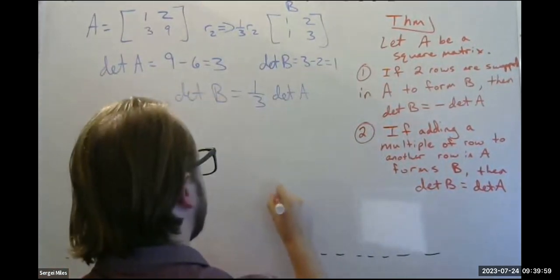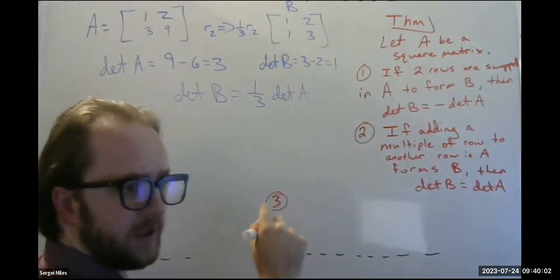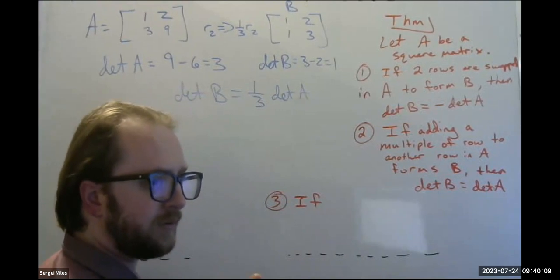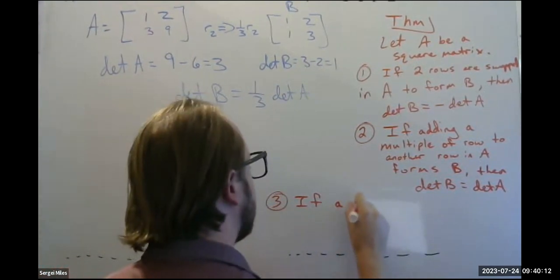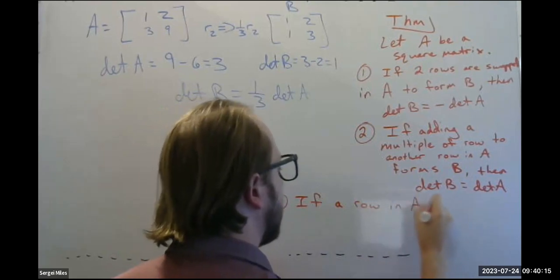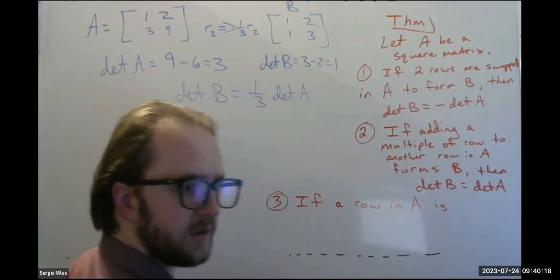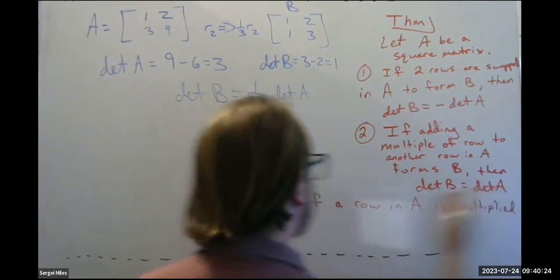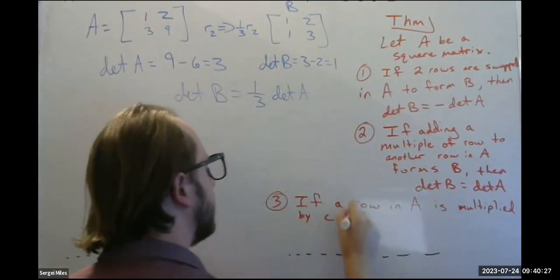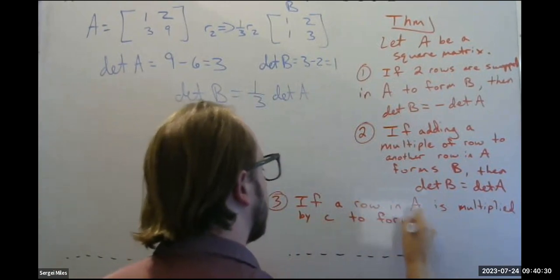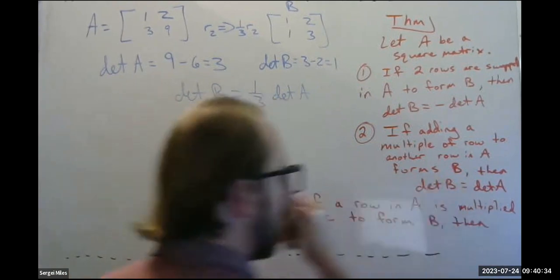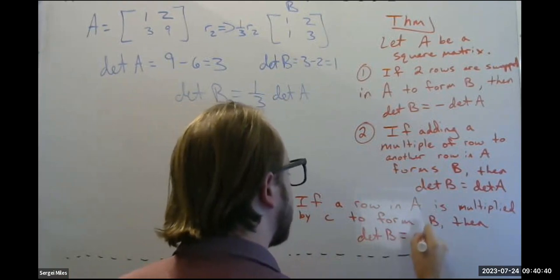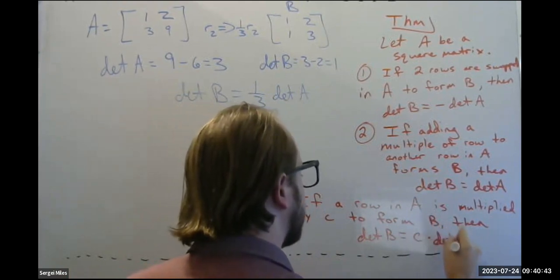So here's point number 3. If, and there's a typo in the lecture notes here, but we'll clarify it now in the video, a row in A is multiplied by some constant c to form B, then the determinant of B equals that constant times the original determinant.